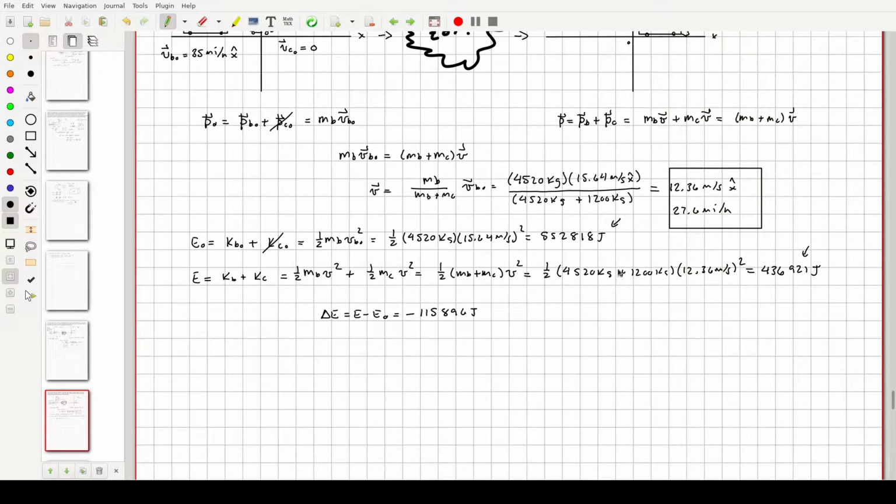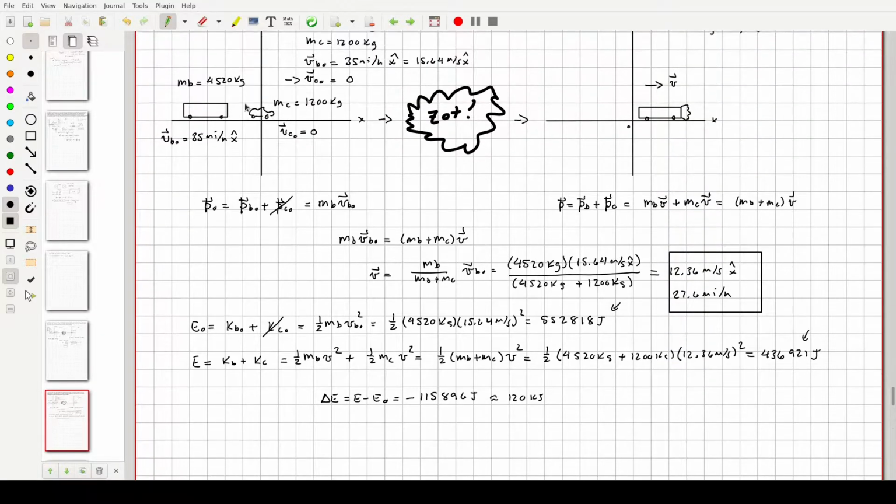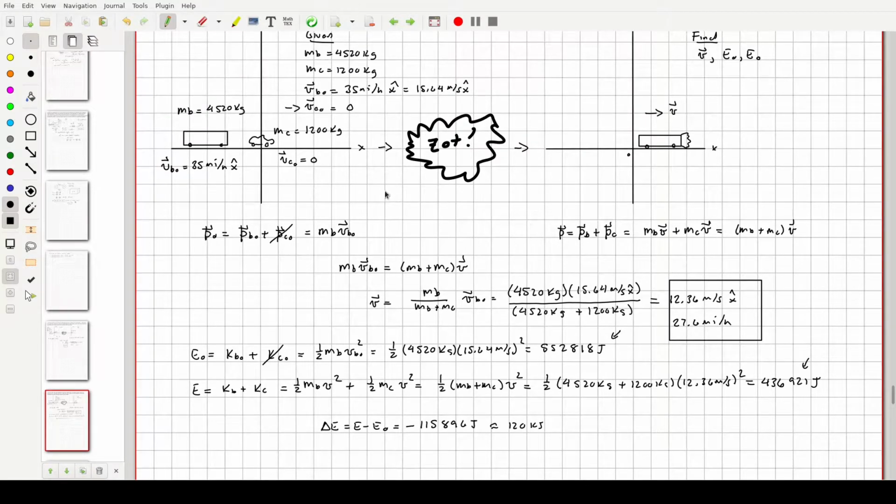Keeping the sig figs here, there's only two. This is a difference of about 120 kilojoules. So where'd it go? Well, that's the reason why we don't talk about the guts of the collision. When these things collide, you have metal being bent, you have all sorts of rending, shearing, sound. Energy is lost in a huge way during an inelastic collision.